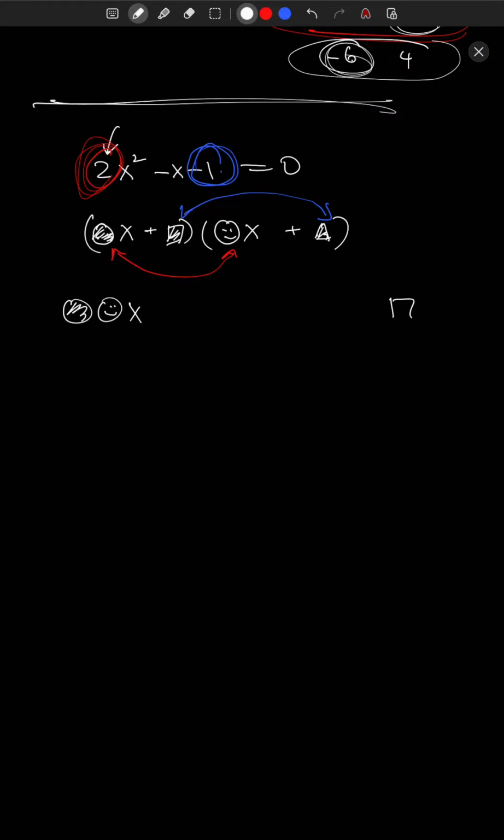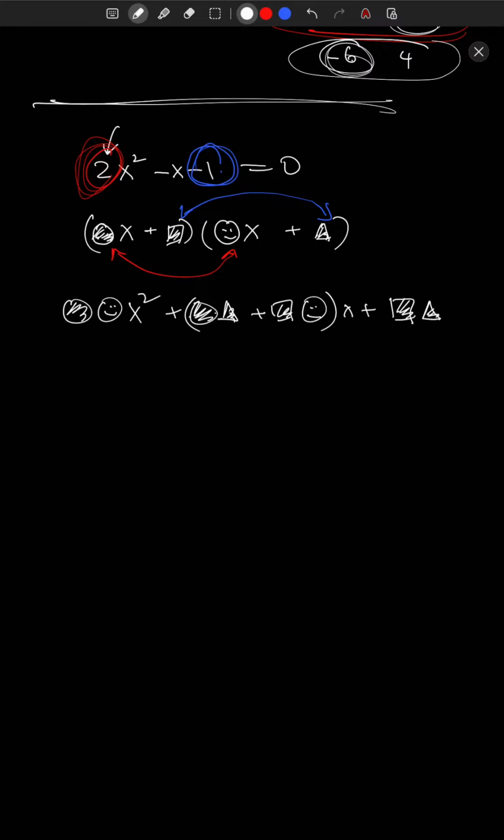On the other end, I'm going to get box triangle, sorry, x squared, right? And in the middle, I'm going to get cross terms, right? So circle triangle x, and then I'm also going to have a box happy face x. So it's going to be like that.